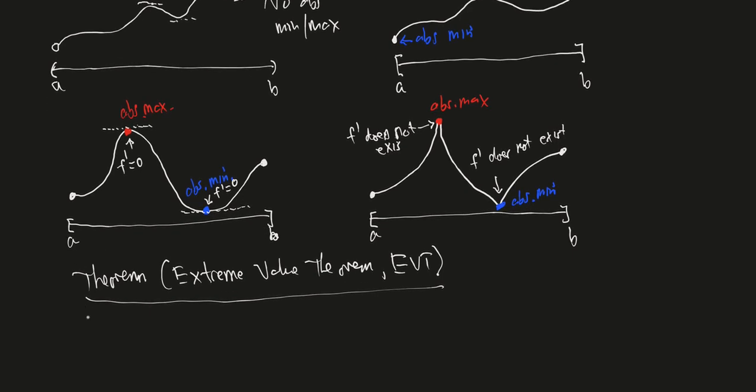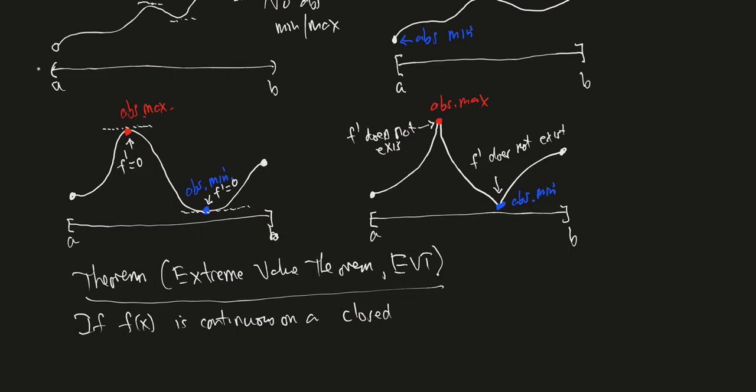It says if f of x is continuous on a closed interval, and that's key. The interval has to be closed. We saw, for instance, when you go from an interval like negative infinity to positive infinity, there is no guarantee.